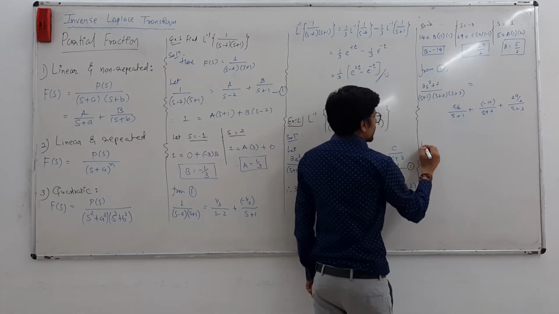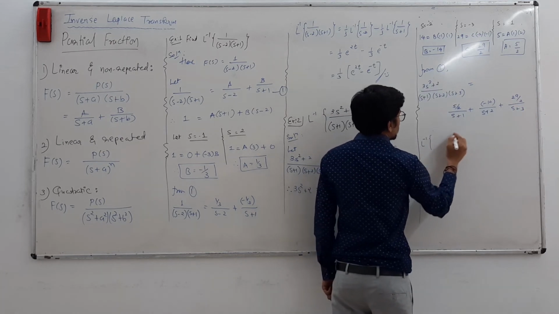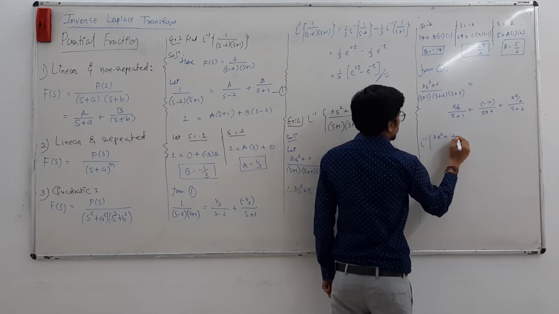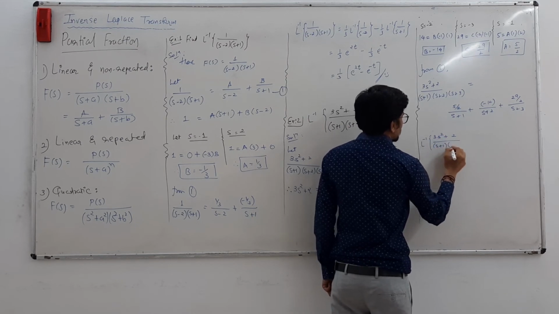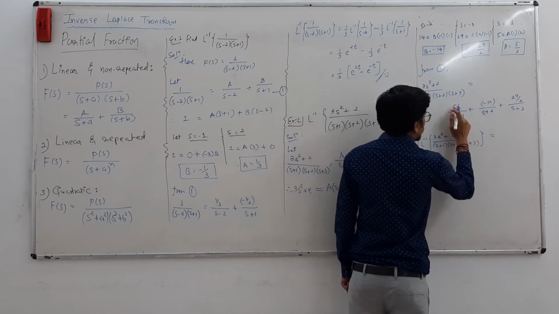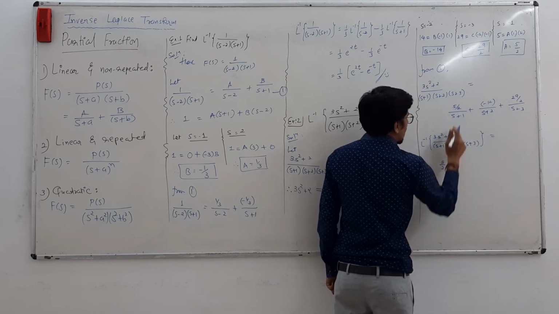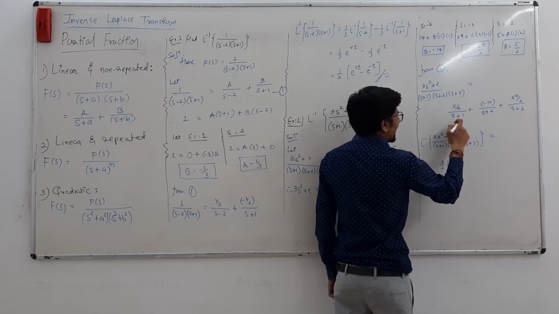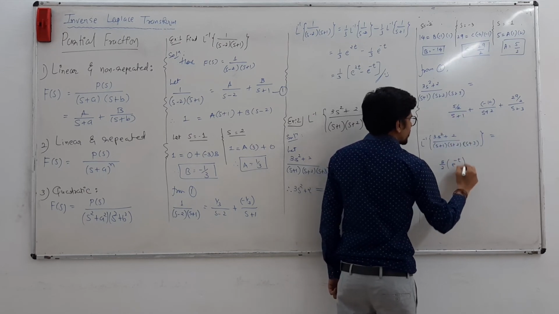Now just take inverse Laplace on both sides. That is, (3s square plus 2) upon (s plus 1)(s plus 2)(s plus 3) equal to 5 by 2 outside, Laplace inverse of this 1 upon s plus 1, which gives me e raised to minus t.